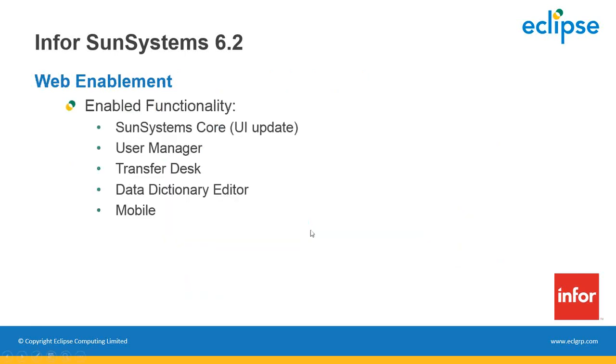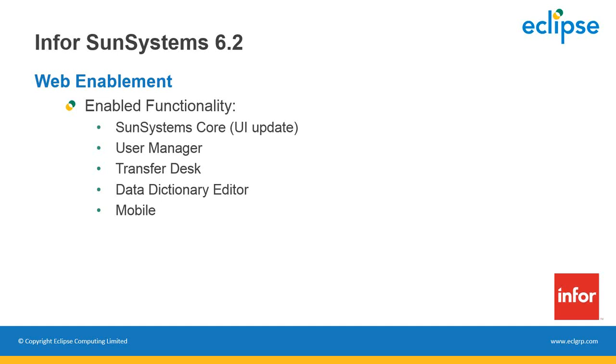Okay, so another key pillar of this release, if you will, has really been an increase in the enablement or the web enablement of functionality within SunSystems. So just to recap, until now, the web client really just encompassed the core product. There are a lot of administration functions that were still external to SunSystems.